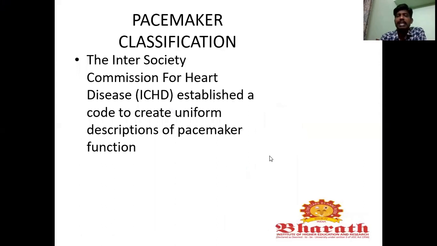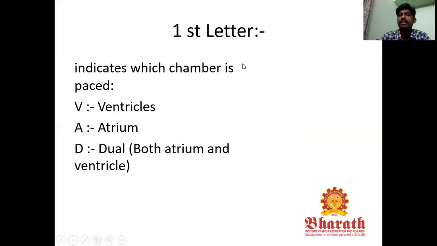The pacemaker classification. The Inter-Society Commission for Heart Disease established a code to create a uniform description of pacemaker function. They give the pacemaker classification in letters.